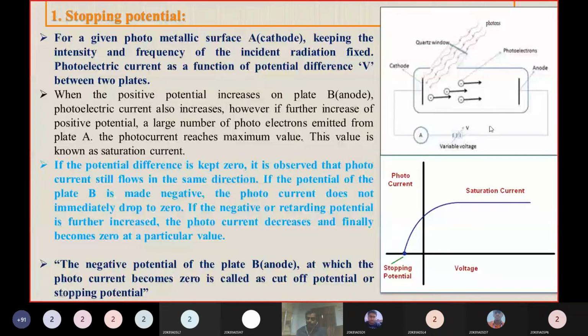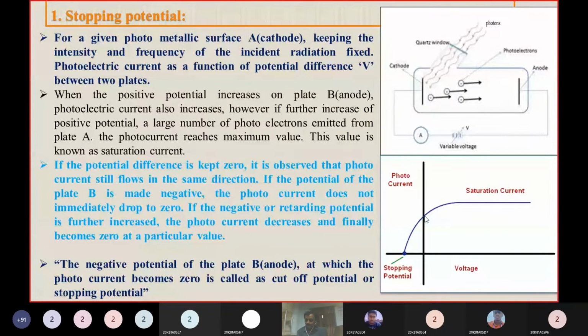That's why even if the potential difference between the plates is zero, there will be some current. So I am making the potential difference V equal to 0, and even then some current will flow through this circuit.